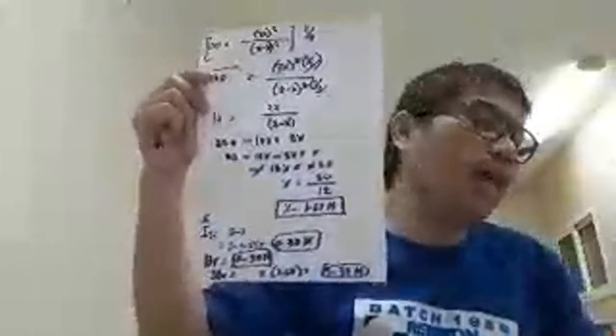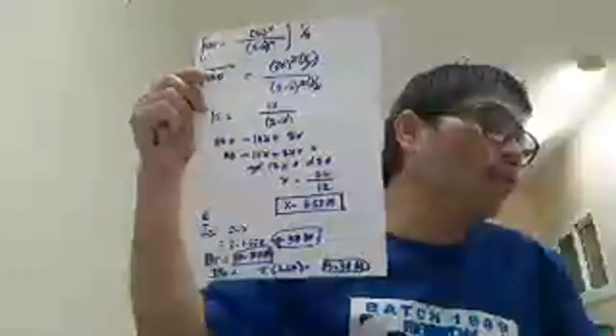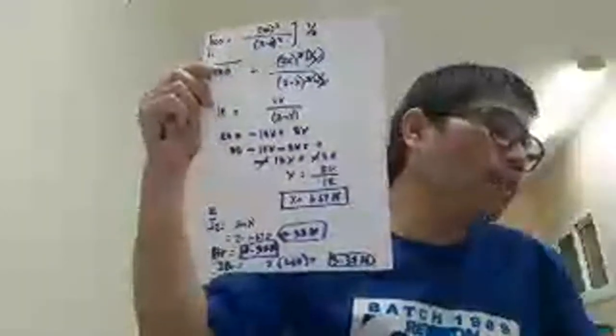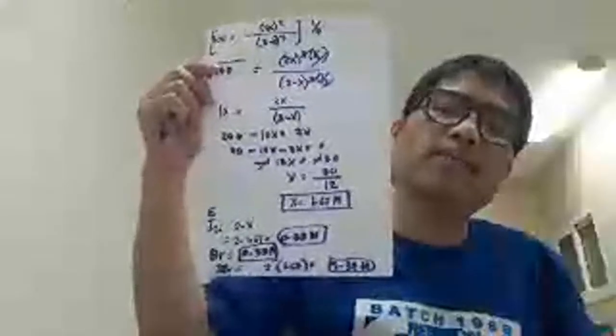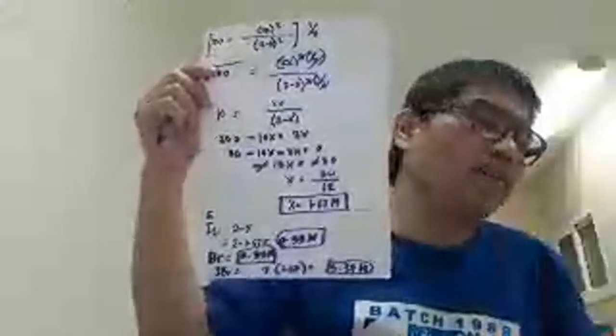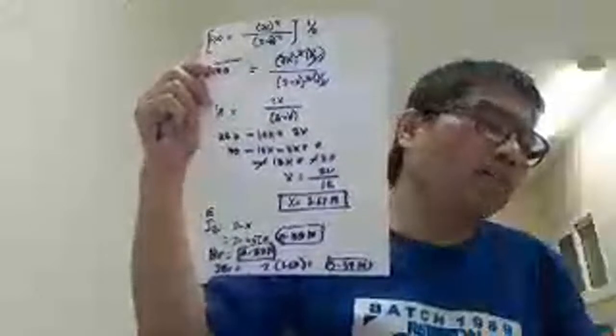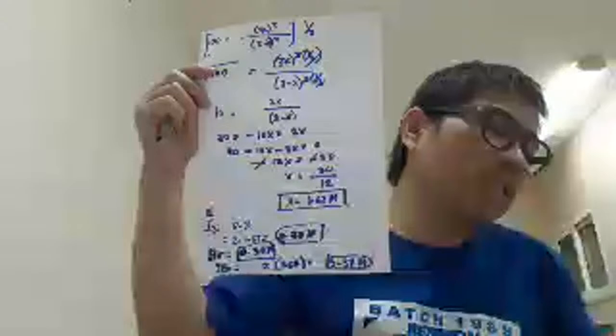We have 3 answers because 3 are required. Again, molar concentration of I2 is 0.33, Br2 0.33, and IBr is 3.34, like this. Okay, that is problem number 2.